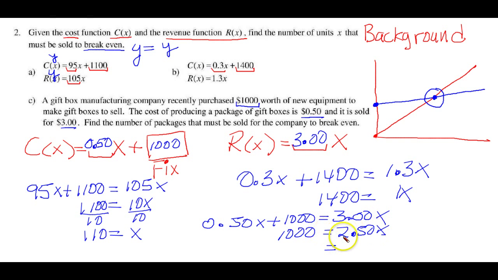Divide both sides by 2.5, and we get x equals 400. Now, we want to stress, what does this 400 mean? Well, this is the number of packages that must be sold for the company to break even. So in a sense, if this were a graph, this point here on the x-axis is 400.